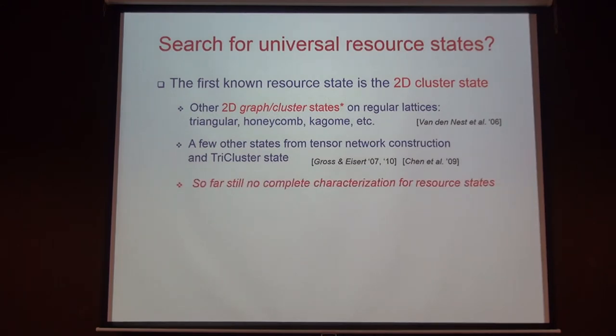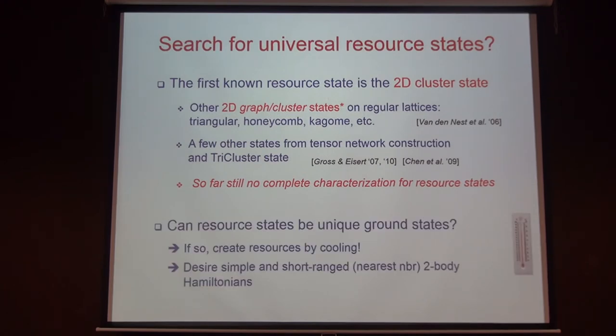There is still quite a challenging open question: suppose I give you a state, how do I know this can be used for measurement-based quantum computation? This is still an open question. But suppose we know that it's a useful resource state, we can ask whether it can be the unique ground state of a certain short-range Hamiltonian with a gap. If we can have that, then maybe we will be able to engineer the Hamiltonian and cool the system.